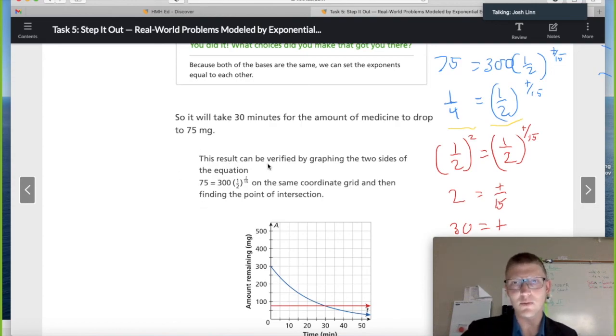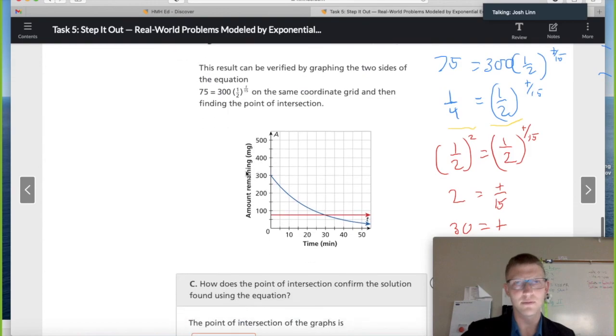And especially when we have multiple ways of solving an equation, if you ever want to double check yourself, graph it. So here's a graph of our equation, and then they just entered y equals 75. You can see that it crosses right at 30.